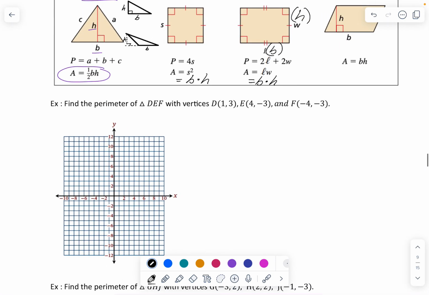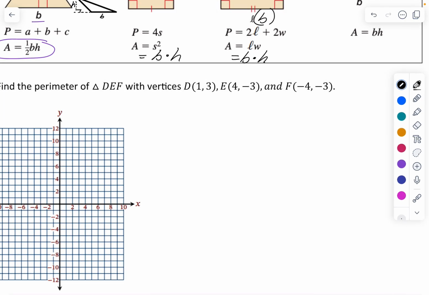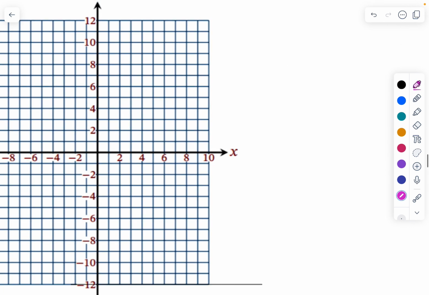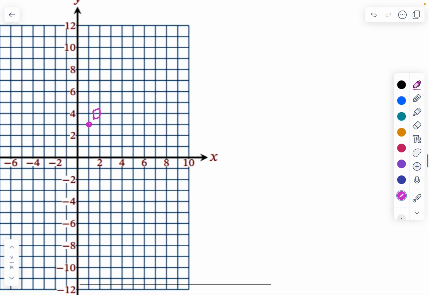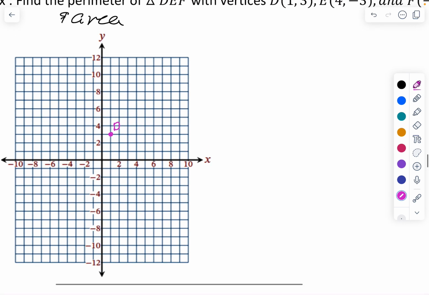Okay, this is the longest problem. I'm just going to tell you right now, this is the longest problem because it's going to involve some work. We are going to find the perimeter and area of triangle DEF, and let's plot these vertices. D is at (1, 3), so 1, 3 right there, that's D. E is (4, -3), so 4, -3 is right here.